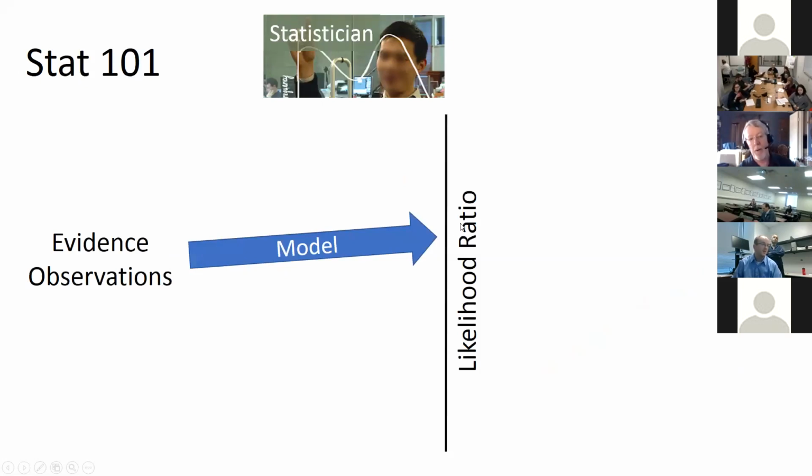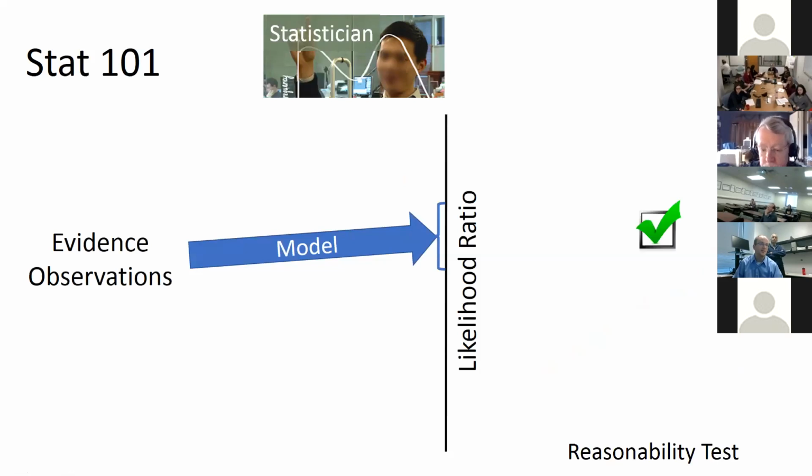And maybe you do some sort of uncertainty characterization that gives a range of values within the context of the assumptions made for this modeling effort. Subsequently, you may have some test that you use to assess whether or not this model is reasonable. And if this model has passed that test, the declaration is, okay, this likelihood ratio value we've obtained is reasonable.